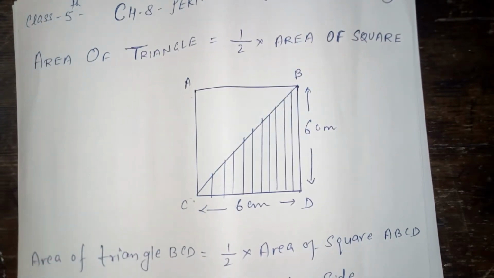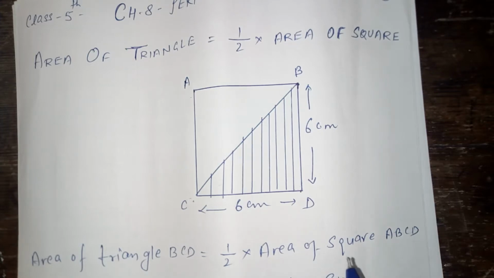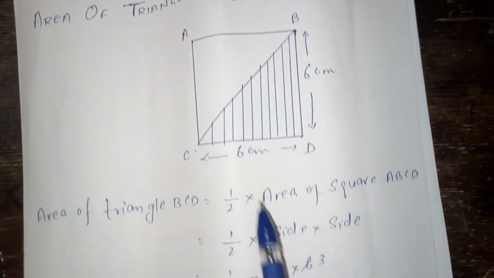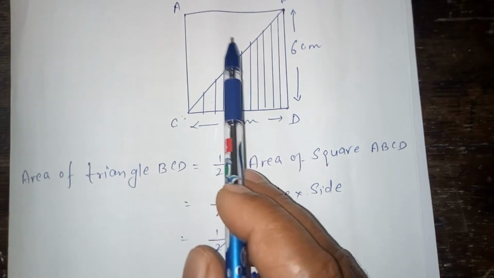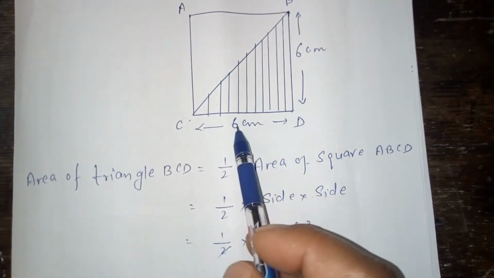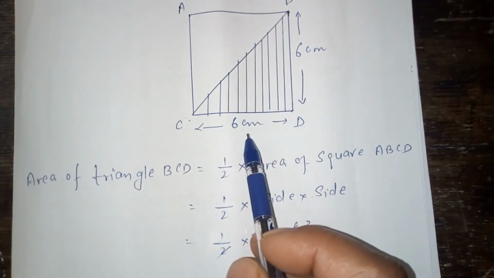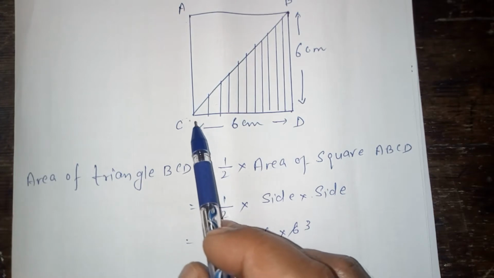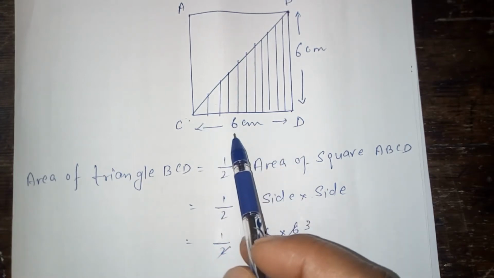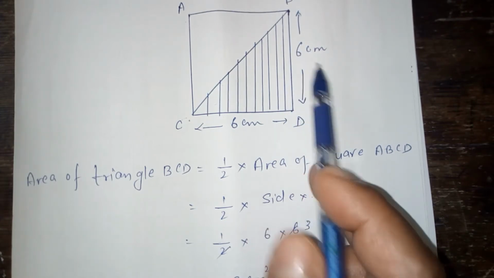As you know very well, the area of a square is side into side. In this square ABCD, each side is 6 centimeter. The meaning is CD is 6 centimeter and BD is 6 centimeter.